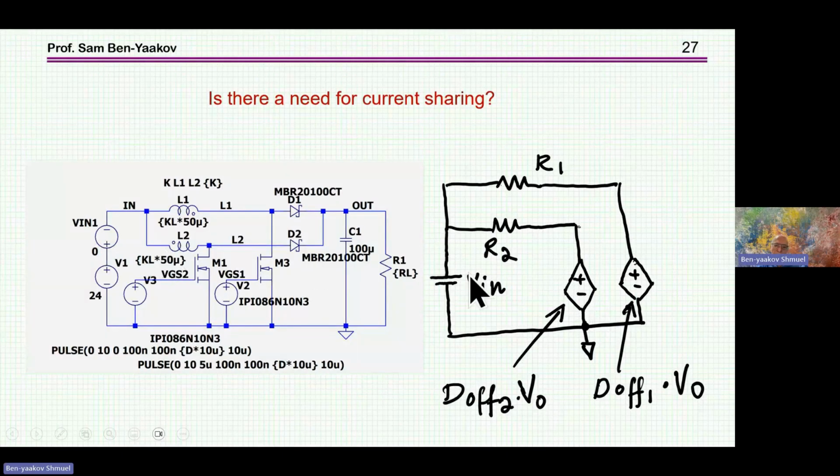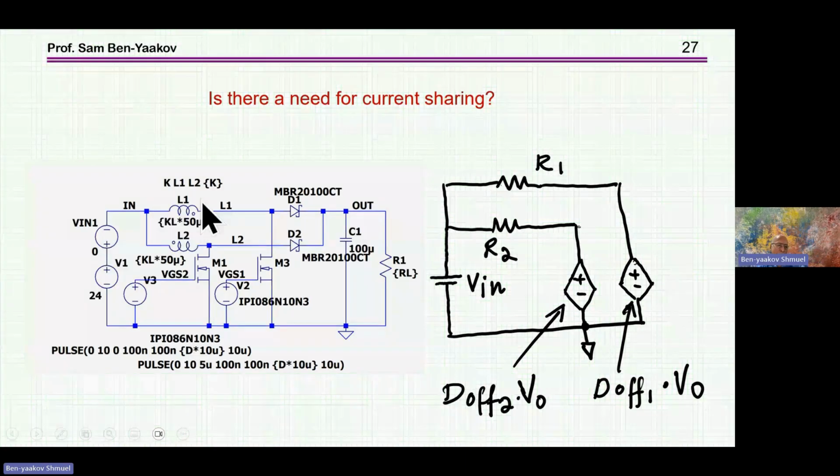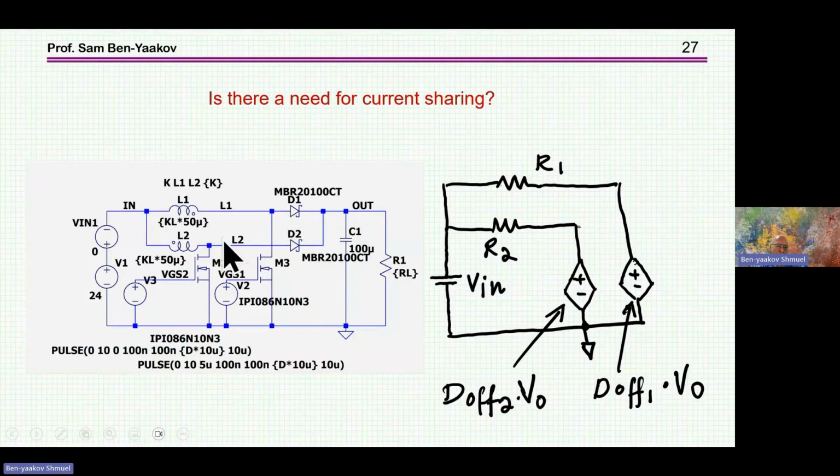So again, we have a DC circuit, the input, parasitic resistance. This is the parasitic resistance of the inductor, of the transistor. And then we have an average voltage here and here, which is the duty cycle times the output voltage. I'm neglecting the voltage drop of the diode.